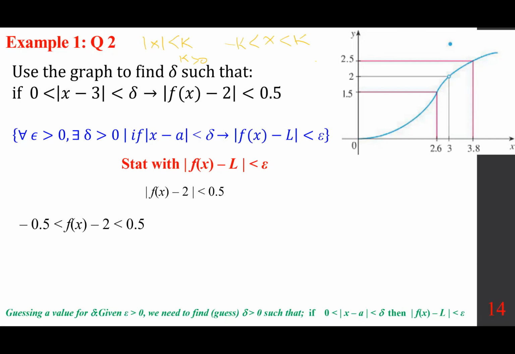So that is by definition of the absolute value here. And now we are going to add 2. And f of x is between 1.5 and 2.5, as you can see it along the y-axis right here.